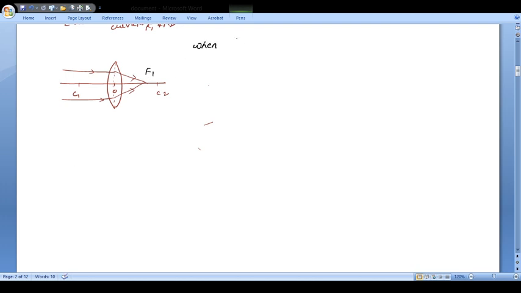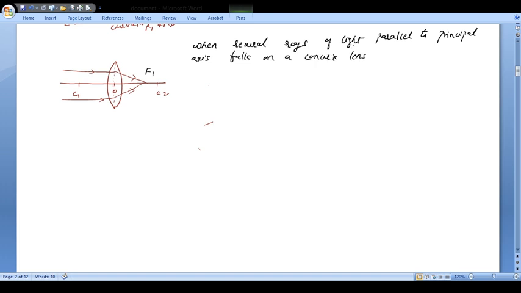When several rays of light parallel to principal axis fall on a convex lens, then after refraction they converge at a point on principal axis.